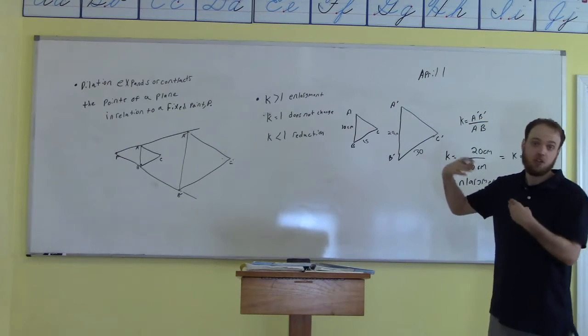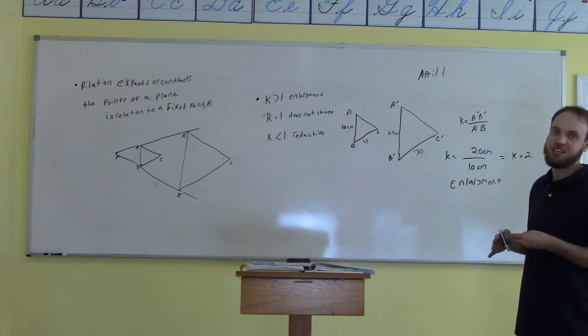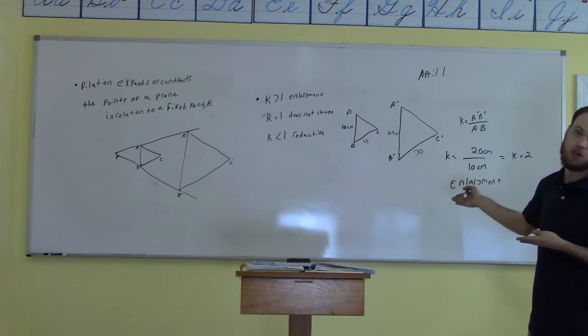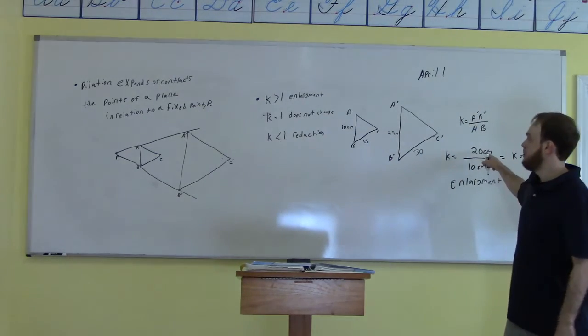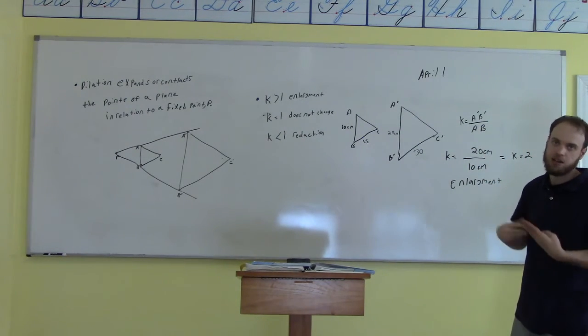You can fill in the other ones the same way. If you have all the measurements, you just need to pick one side and then do the ratio fraction. I could have done BC, which would have been 15, and then B prime, C prime would have been 30, and then you divide and get 2.